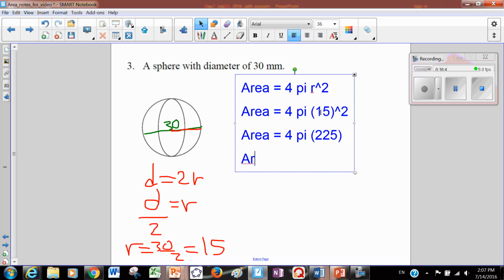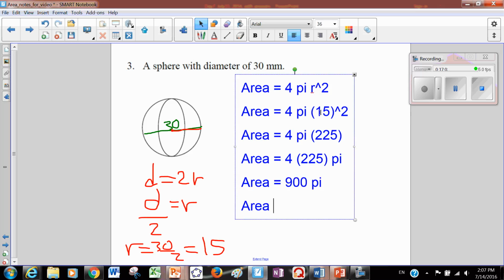That's the same thing as 4 times 225 times pi. And if you do 4 times 225, the area is equal to 900 pi. If you take your calculator and you calculate 900 times pi, you get 2827.43, and that's millimeter square.